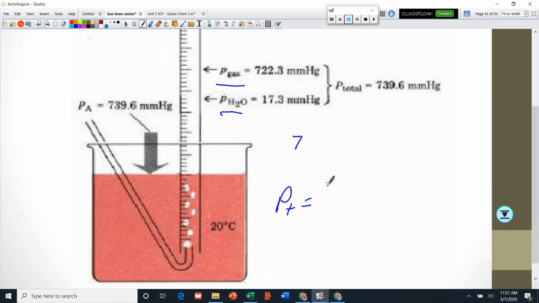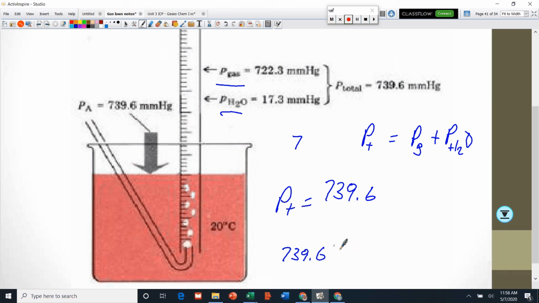So if our total pressure, P total, equals 739.6, and we know that P total is equal to the pressure of the gas plus the pressure of H2O, then 739.6 is equal to the pressure of the gas plus the pressure of water. We're trying to solve for the pressure of the gas. The water vapor pressure can be found on a table, and it's based off of temperature.